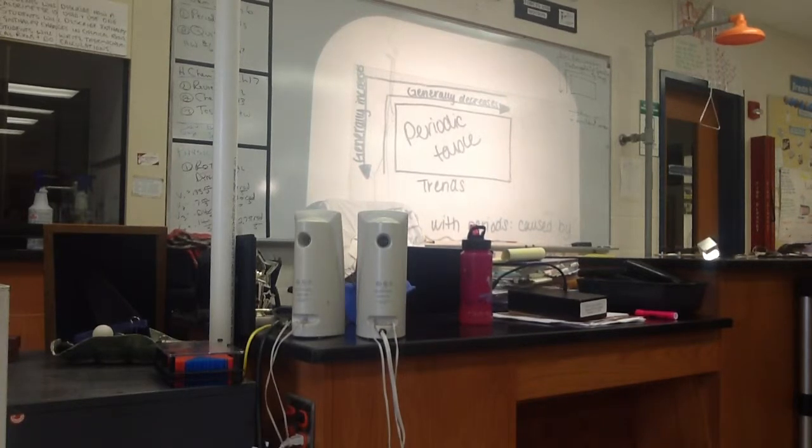Okay, now let's do the across the period trend. Which one's bigger, sodium or fluorine? Fluorine. Sorry, I meant lithium or fluorine? Lithium. Fluorine has more charge, it's sucking those electrons in. That's always the harder trend to remember. Which one's larger, arsenic or gallium? Gallium.